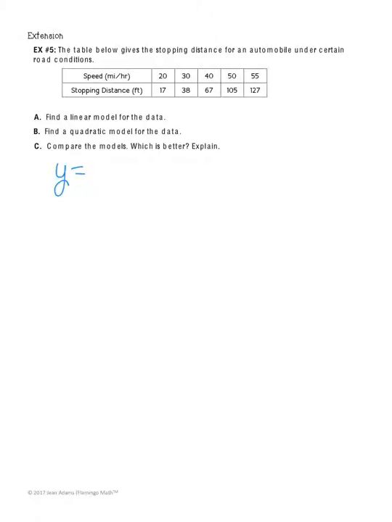So if you hit the linear regression instead of the quad regression, you'll see that on there, the linear regression would look like this. So that would be your linear right there. So that's A.